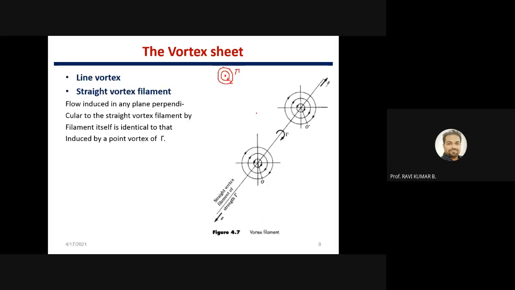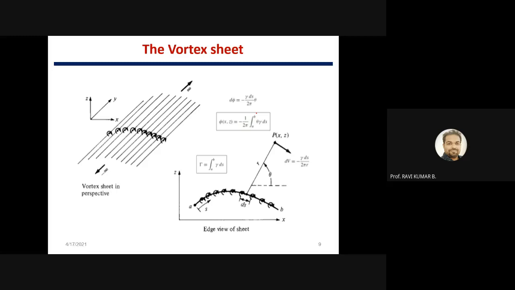So this was a single filament. If you are simulating more filaments, consider the case of an airfoil. The airfoil is usually defined like this. An airfoil generates lift due to circulation. Due to the pressure difference, circulation is introduced in the system, and the circulation acts on the surface of the airfoil, particularly the top surface.